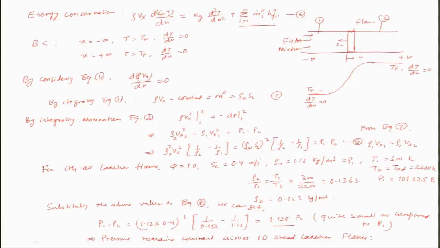Yes or no? My momentum equation is rho Vx dVx by dx minus dP by dx, and this happens to be 0. The change in pressure across x is essentially 0, so there is no need to consider the momentum equation.